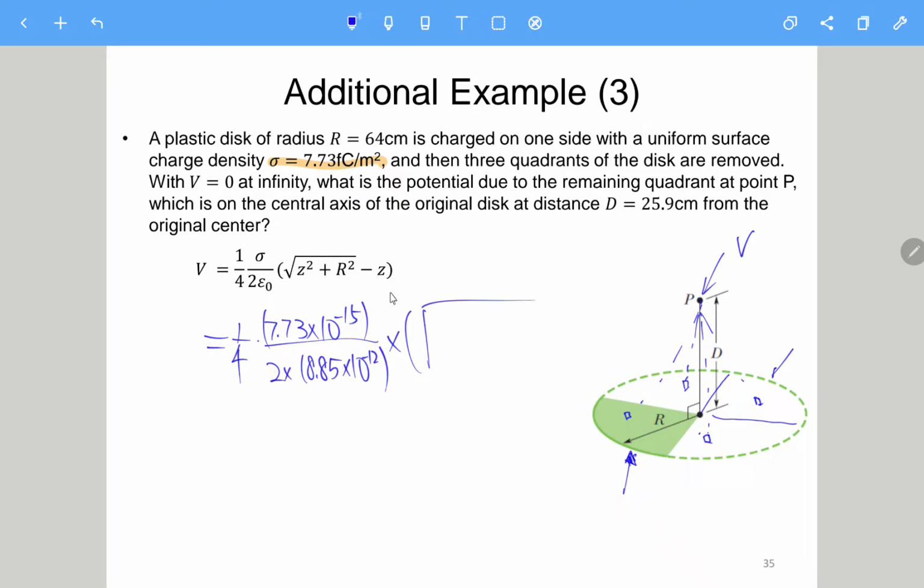We should be careful that this z here should be d, and this capital R is still capital R. So we have 0.259 square plus 0.64 square, and then minus d, 0.259.